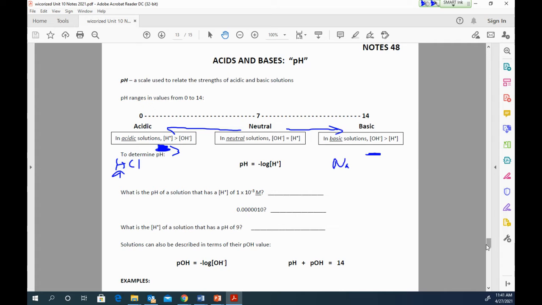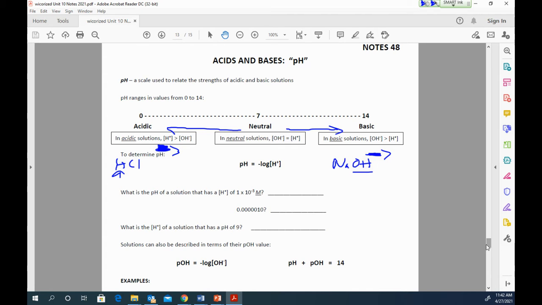Remember, a base would be like NaOH, that's sodium hydroxide. Things that end in OH are a base. So if there's more H plus ions than OH, then it's more acidic. If there's more OH negative ions than the H plus, then it's more basic. Okay, so that's how it's measured, how many H plus ions are in it versus how many OH ions are in it.